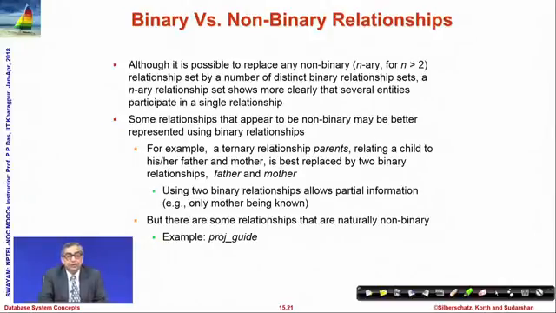Let us say if we talk about persons, then every person has parents. So, he or she has a father and a mother. Now, if we represent this as a ternary relationship, then the one difficulty that we have is that a person must have both the father and mother to be represented there.